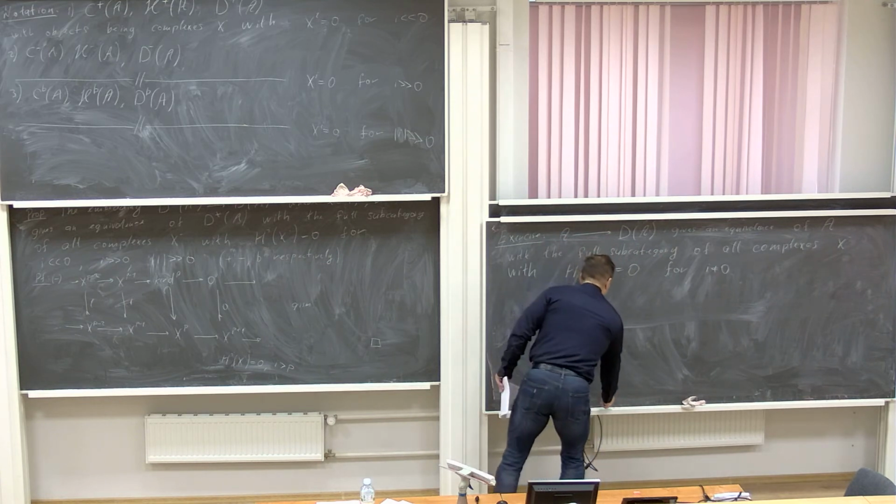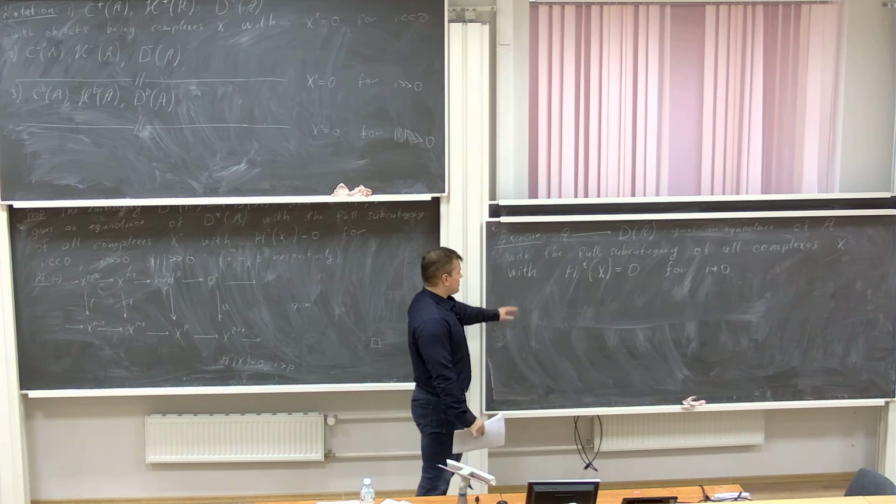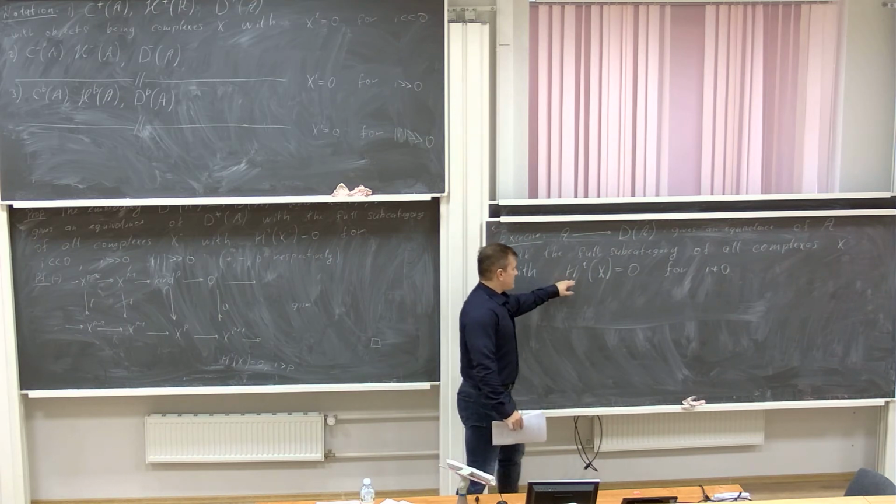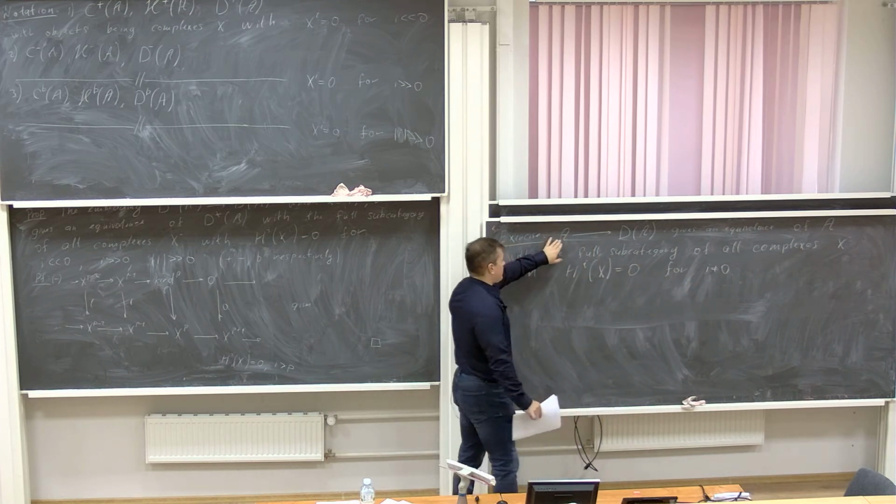So you can identify such complexes, where all cohomology is trivial except at one position, with the abelian category A, this position being 0.